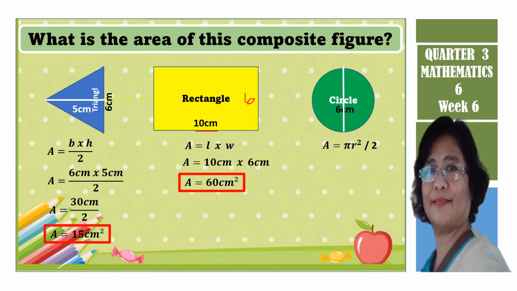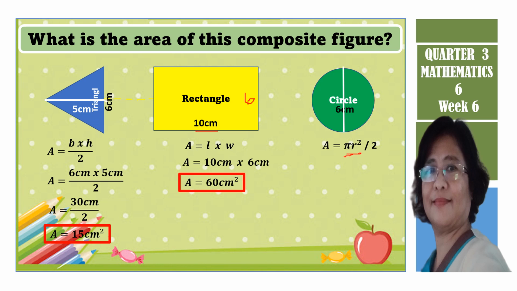Now let's proceed to the circle. So here in the circle, we need only half of the circle. That's why the formula for the area is pi r squared divided by 2. And we have another problem here. Because the given is in diameter, notice your formula is radius.